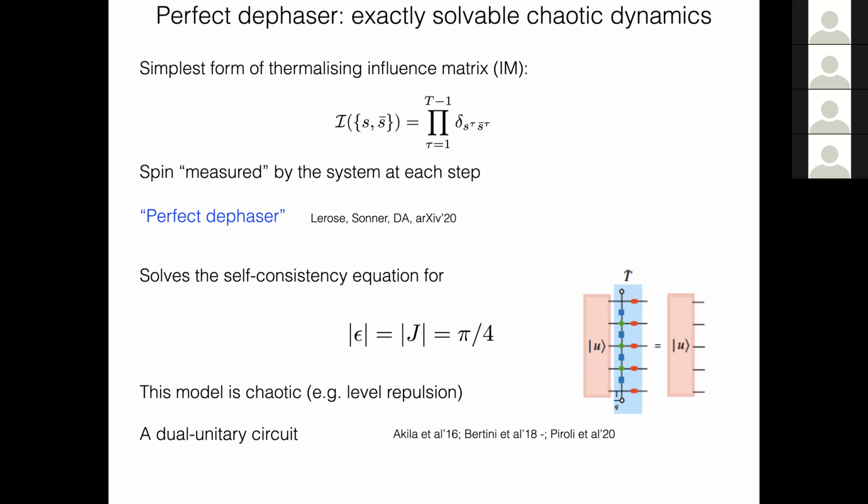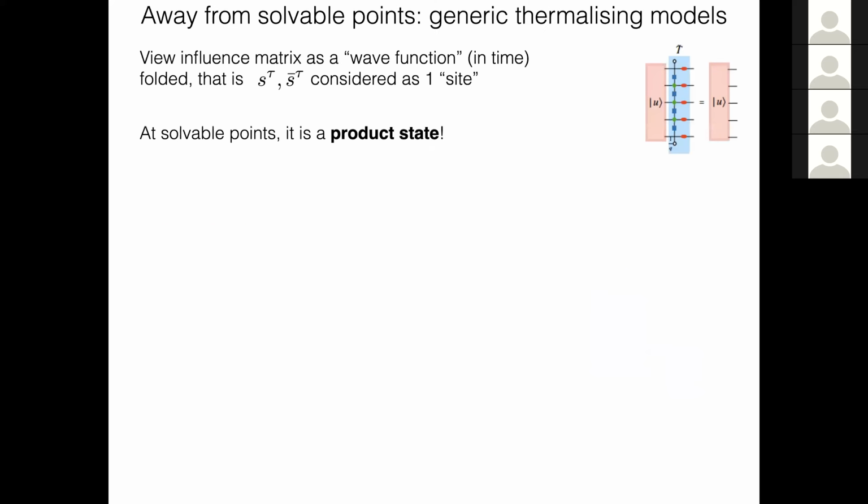The fact that these models are, in some sense, solvable has been discovered by using the dual unitarity property, but this gives us a flavor of how this approach could be useful. There are cases where, despite dealing with a complicated many-body system, the influence matrix is very simple and can be found exactly.